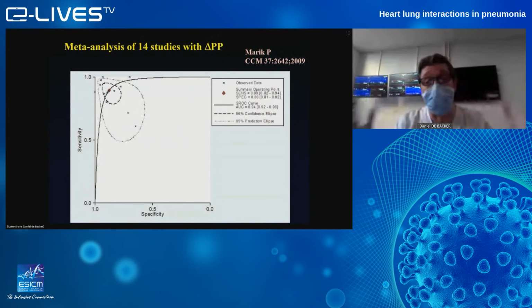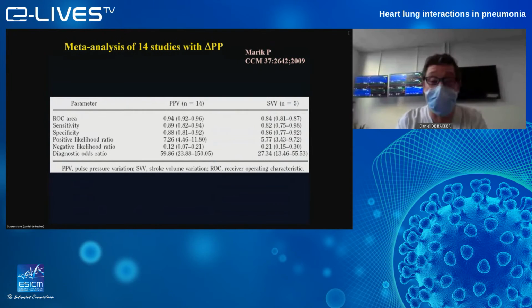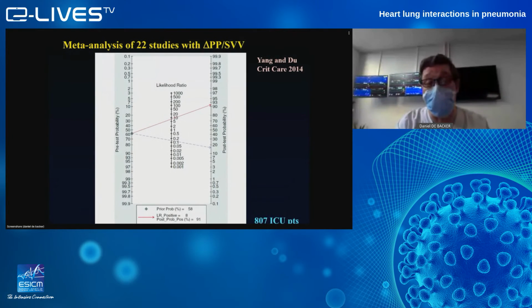And several studies have shown that pulse pressure variation or stroke volume variations very nicely predicts the response to fluids in many conditions, and that the ROC curve area is really nice in these conditions, and that the way that these patients can be categorized as responders and non-responders is really well performed using these heart-lung interaction tests. And both the positive predictive value and the negative predictive values are very good in these conditions.